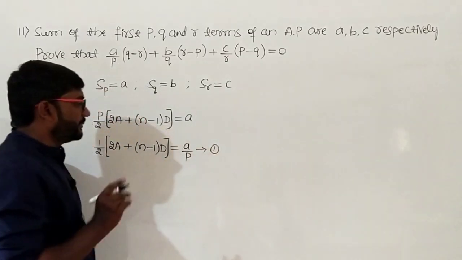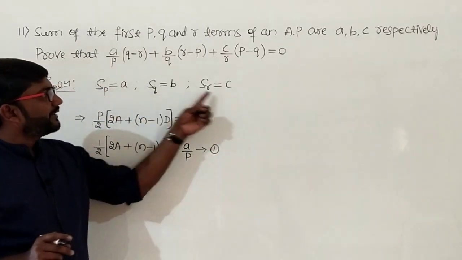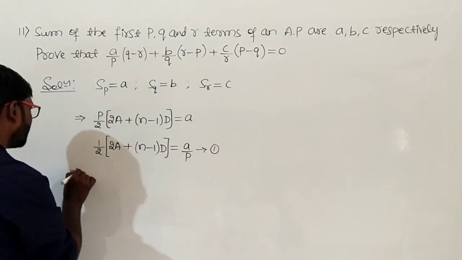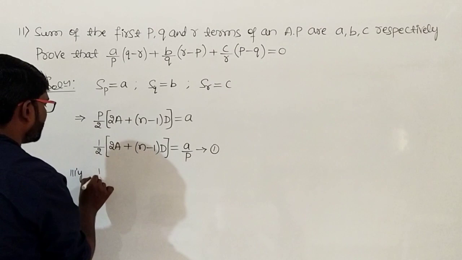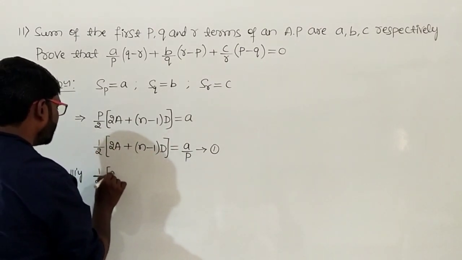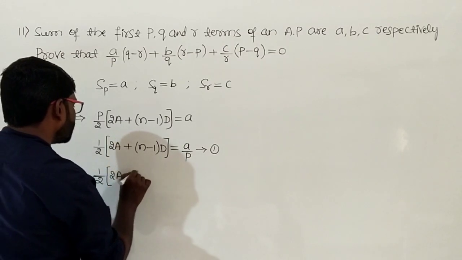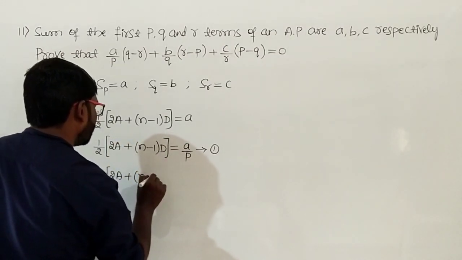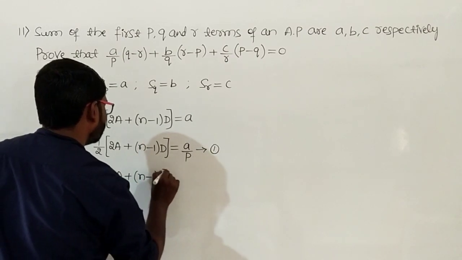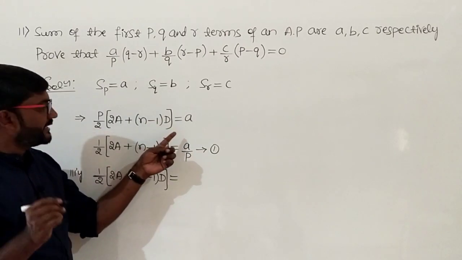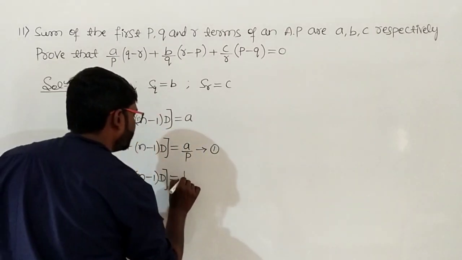Now similarly we can go for Sq and Sr. So Sq can be written as 1 by 2 into 2A plus q minus 1 into D, which equals, in the earlier case it was a by p, now it is b by q.